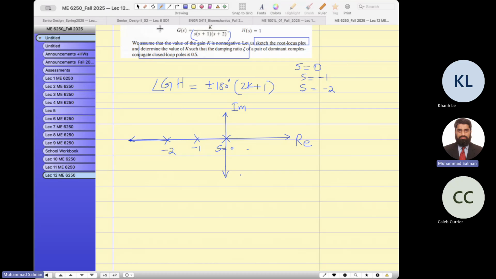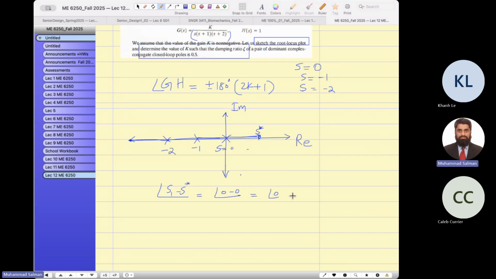So let's test. Let's put a test pole here, not a pole at 0, but a test pole, and see the angle from here to here for each pole. What is the angle? So s star, it's 0.